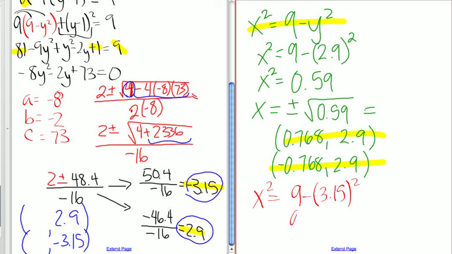We end up getting a negative answer: 9 minus 3.15 squared is negative 0.9225. But I see x squared equals negative, so this is going to be two imaginary solutions. So they are not going to be solutions to our system. We're looking only for real solutions.